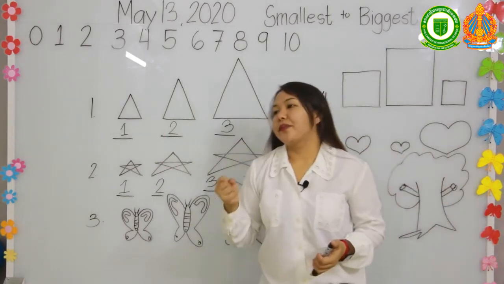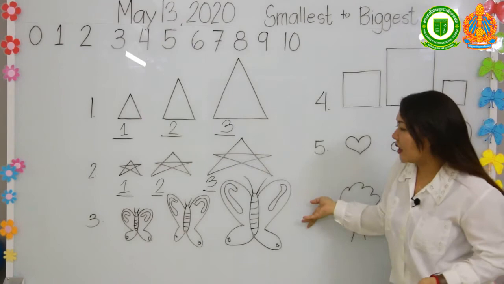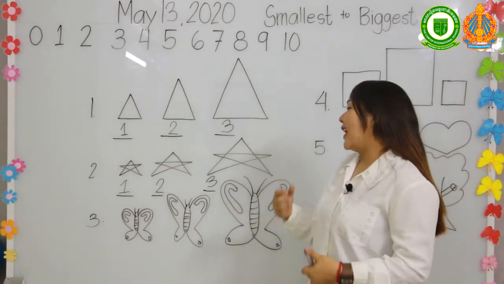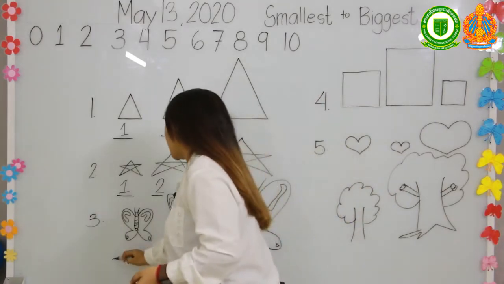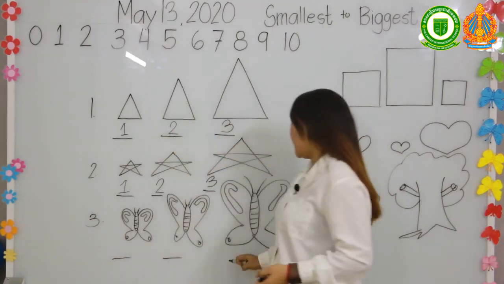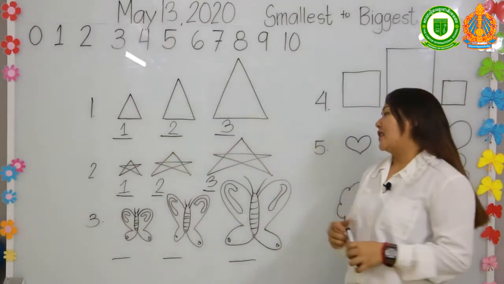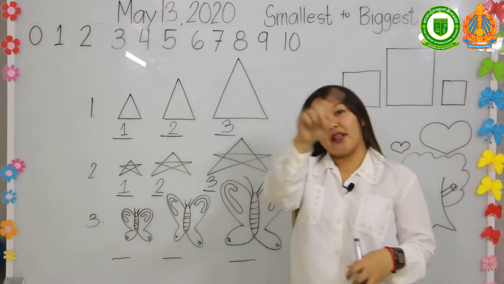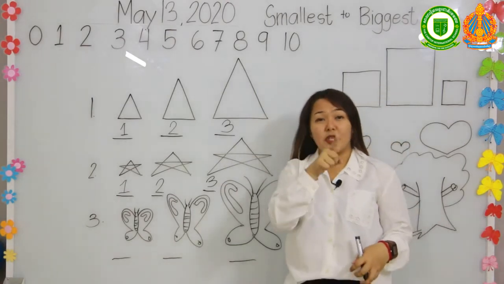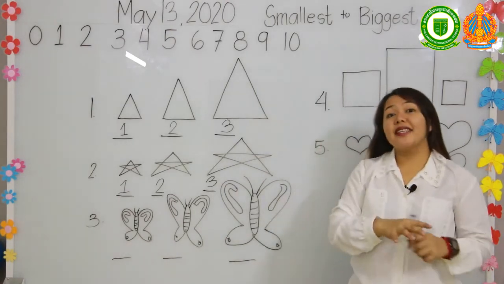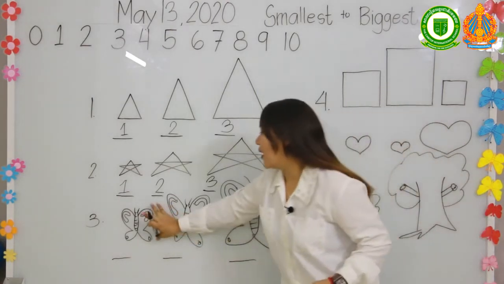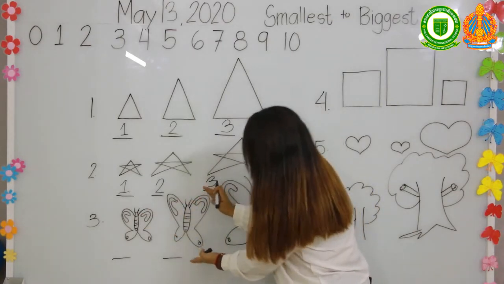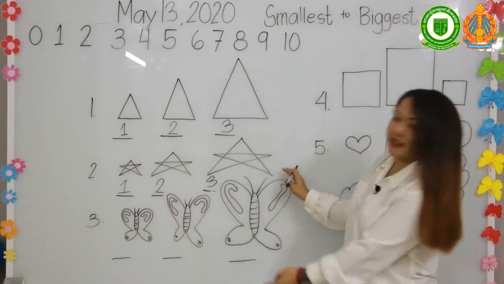Next, I drew here butterflies, and let's see which one is the biggest, medium, and the smallest. Which one is the smallest? Please use your finger to point to the picture. So small, it's becoming big, and then biggest.